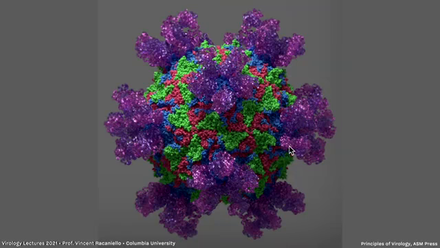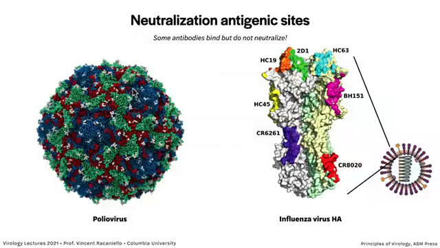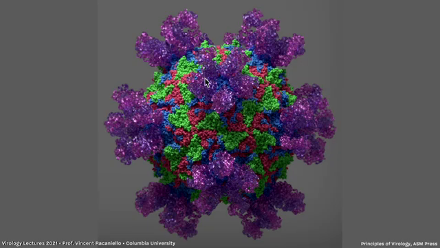This is where antibodies bind on the poliovirus particle. So I showed you in this slide the antigenic sites on the particle. These are the peptides, the amino acids, in the virus proteins that bind the monoclonal. And there was one repeated around the 5-fold axis. So now I'm showing you the antibodies bound to that neutralization antigenic site.